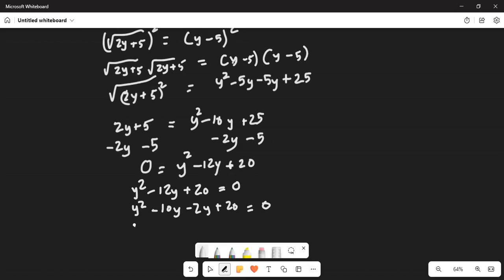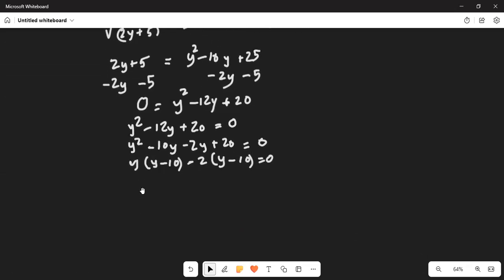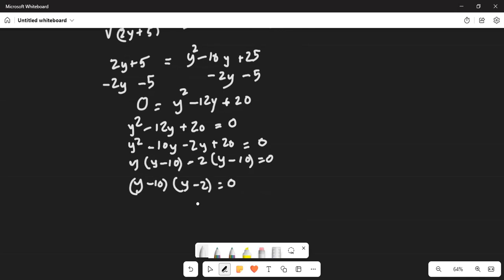Now I will factor the terms out. So from the first two, I get a y out, common factor, y minus 10. And from the second one, I get a 2 out, and I'm left with y minus 10 equal to 0. So I have y minus 10 as a common factor between them two, and then the other one is y from the first term and minus 2 from the second term equal to 0.